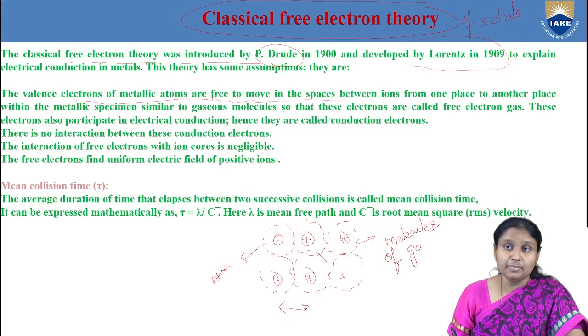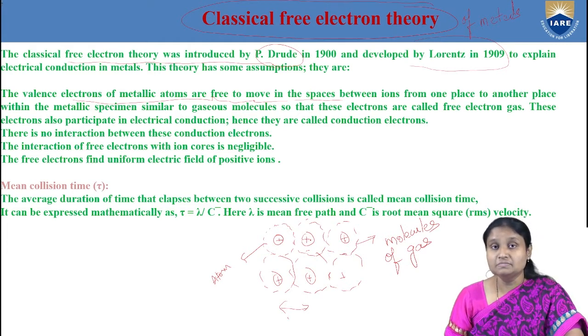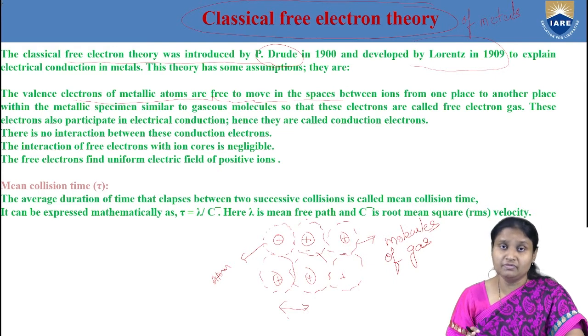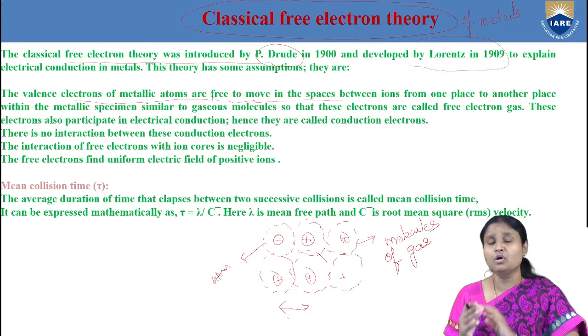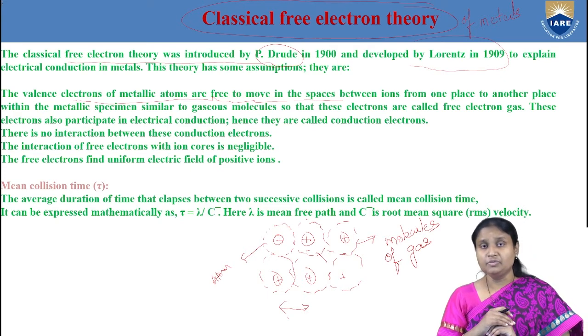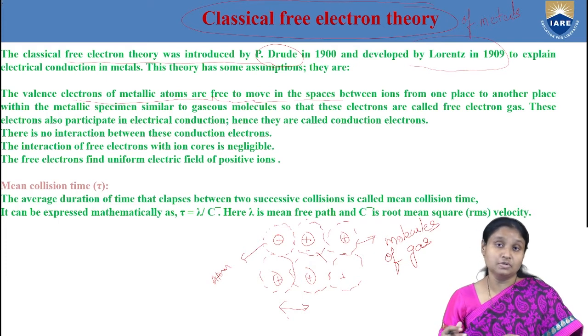They are comparing free electrons in a metal with molecules of gas, and we know that gas molecules are very free to move in all possible directions, and they are far away from each other. They are not bound to each other. So they'll be freely moving in all possible directions with all possible velocities.